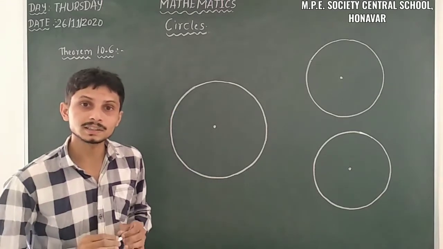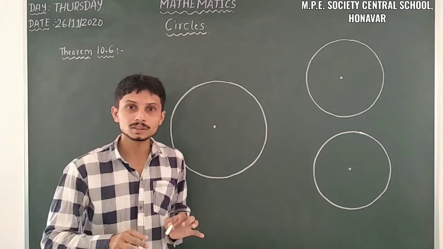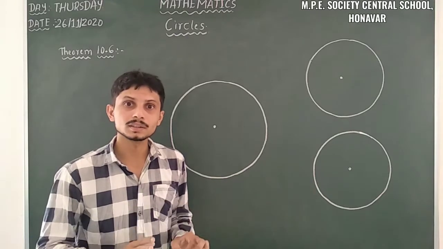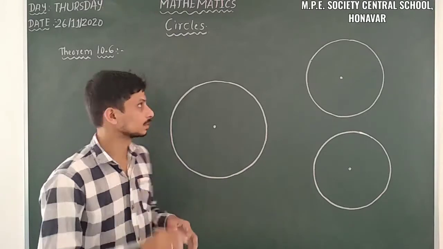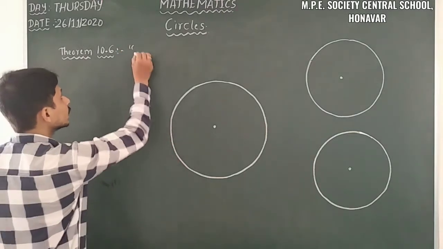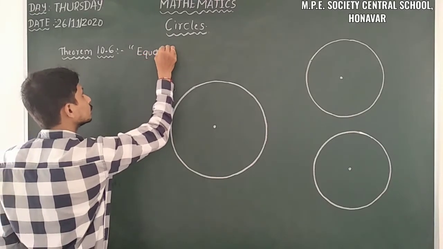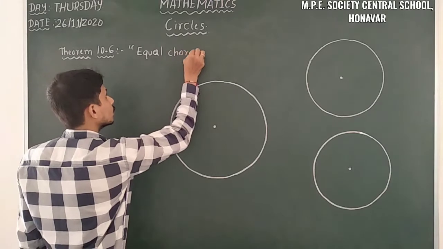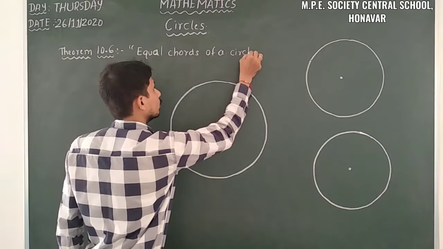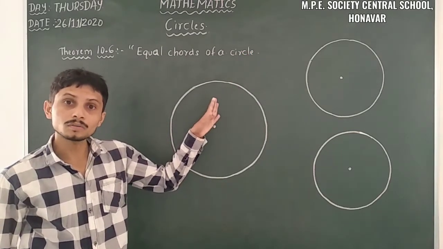So let us take the statement of theorem 10.6. After that we have to draw the chords of equal length, and we have to prove that those two are equidistant from the centers. So theorem 10.6 states that equal chords of a circle, in bracket we have to write all congruent circles.